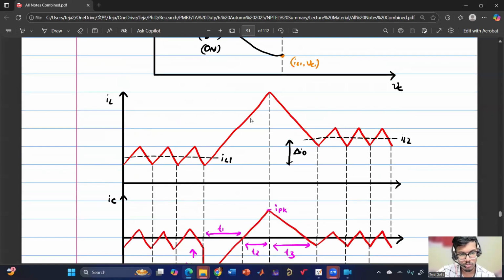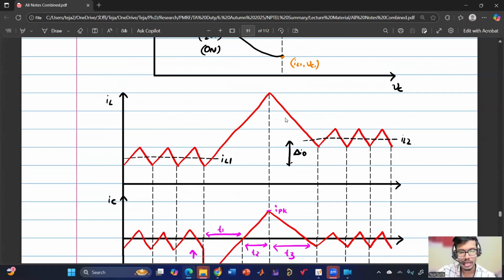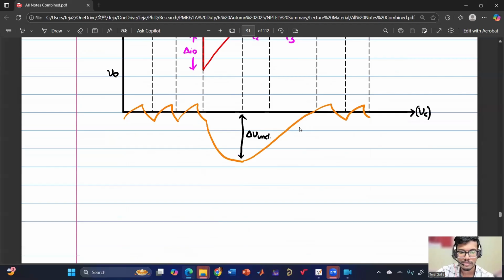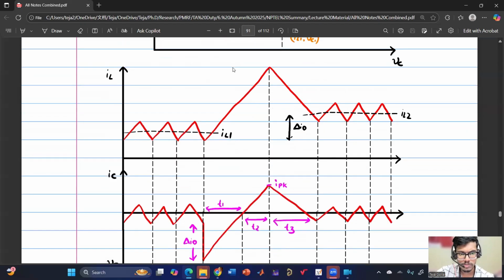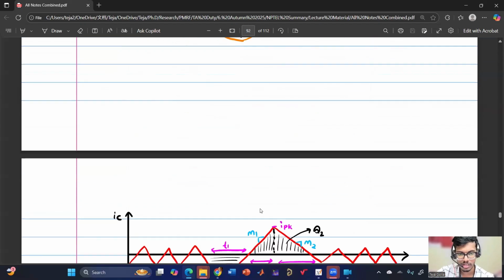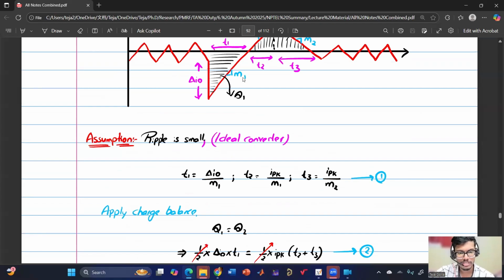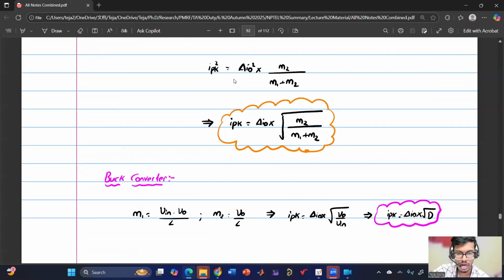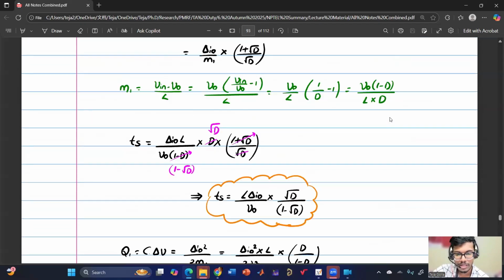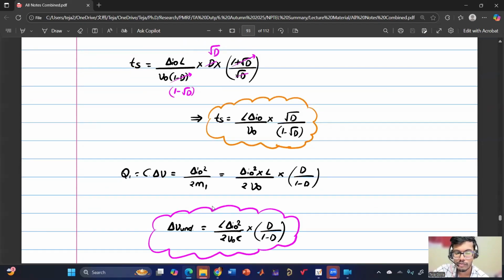We have assumed M1 and M2 are constant, whereas M1 is dependent on Vin minus V0 by L, and M2 is also dependent, which is minus V0 by L. So this is one approximation that we have considered, because the slopes are changing as V0 is changing. In our calculation, we have considered M1 to be constant, but it is slightly varying. So the answer that you will be getting will be slightly different from what it ideally should be.